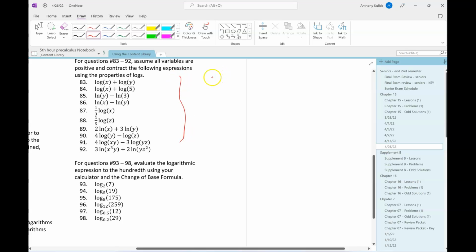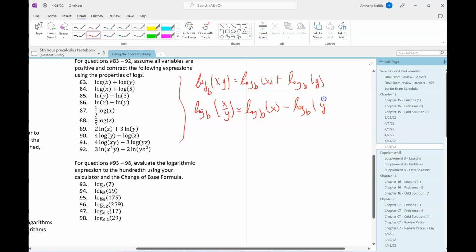So for all of these problems, we're going to be using the product property, the quotient property, or the power property, or multiples. Many of these, you could use all three of them or whatever, possibly.